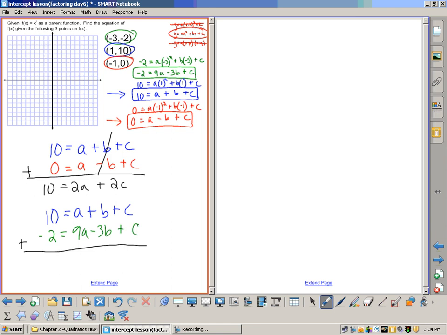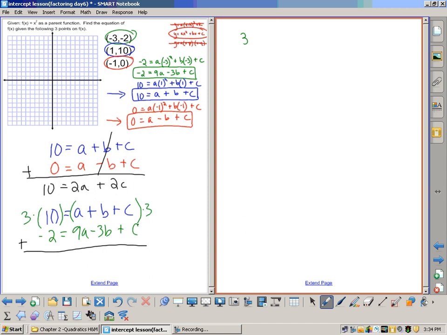So, if I want to eliminate b, I need to take this whole thing times 3, both sides. So I'm going to move up here and I'm going to get 30 equals 3a plus 3b plus 3c, adding it to negative 2 equals 9a minus 3b plus c.